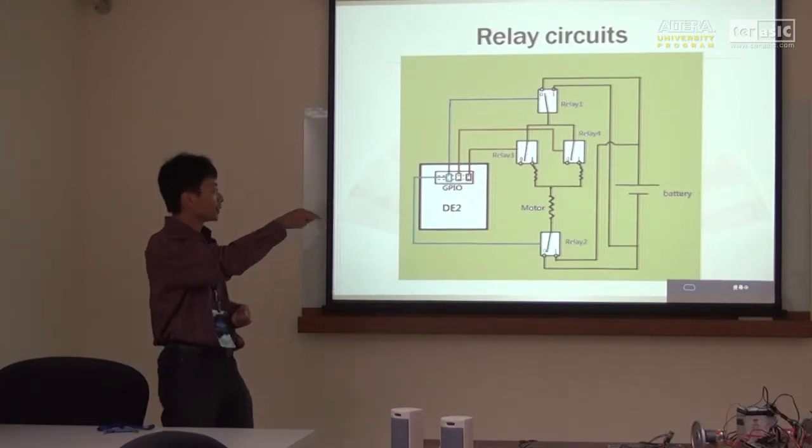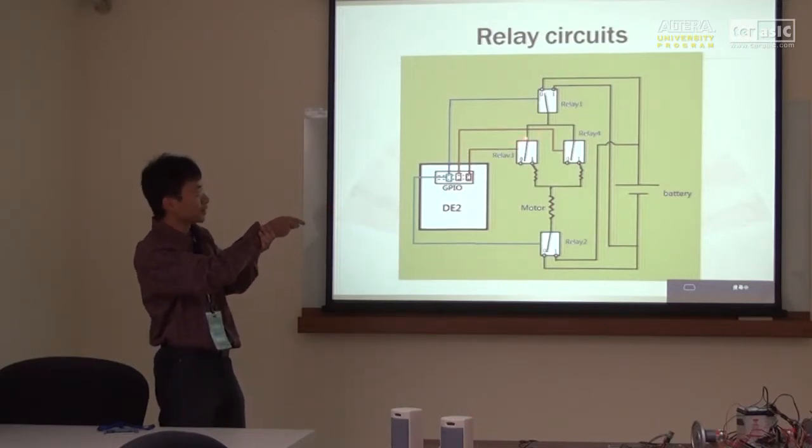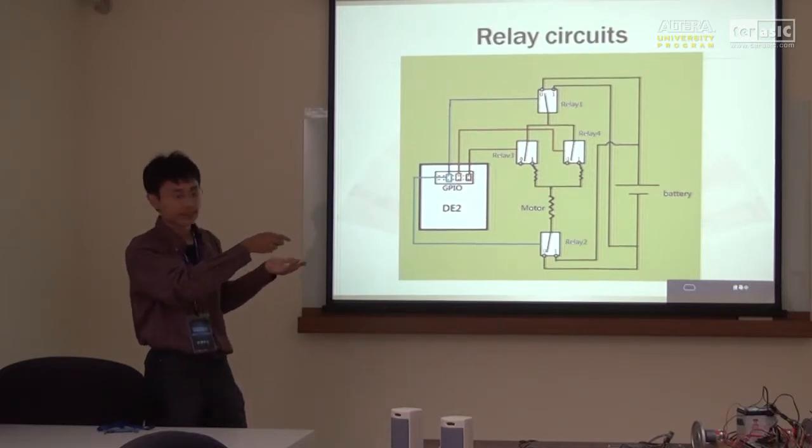If only relay 3 or only relay 4 is connected to one side, if we connect to the 0 side, it is an open circuit.